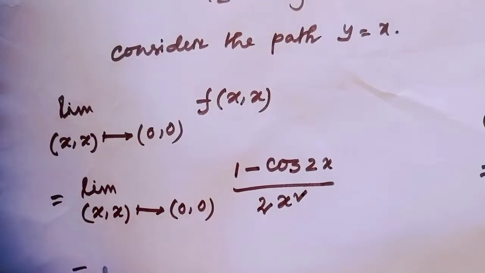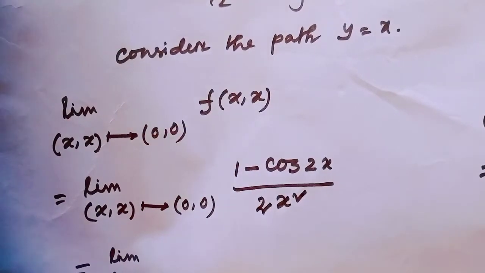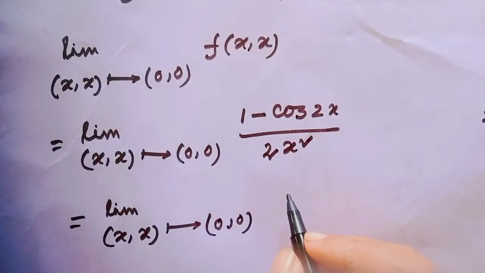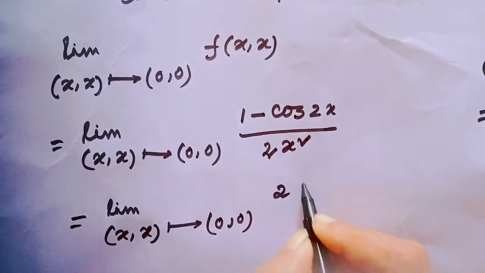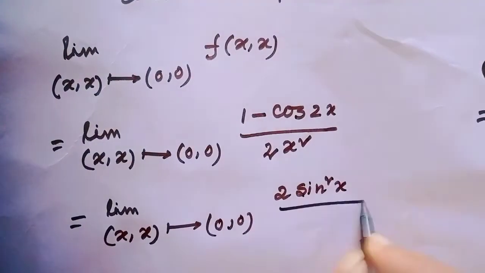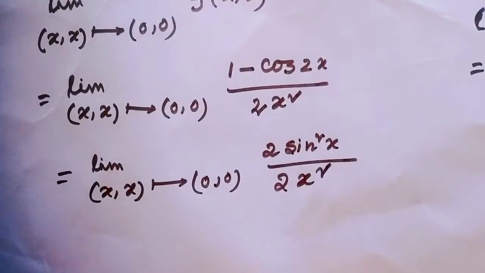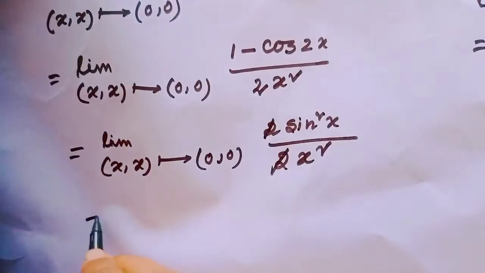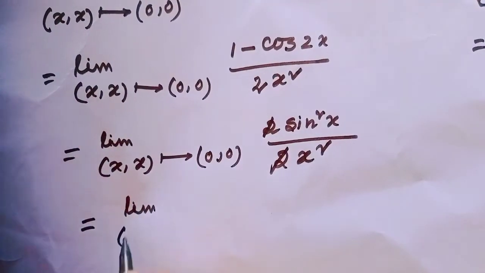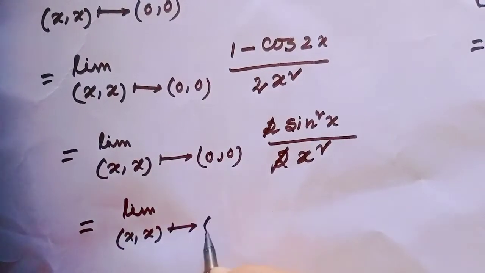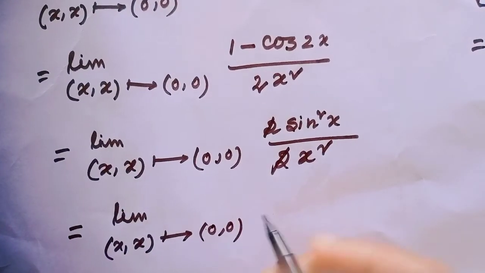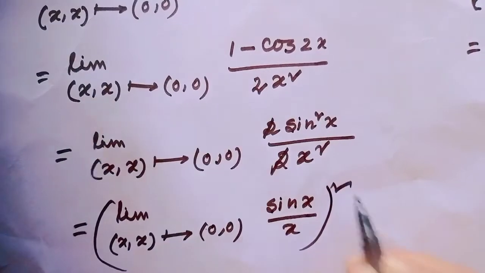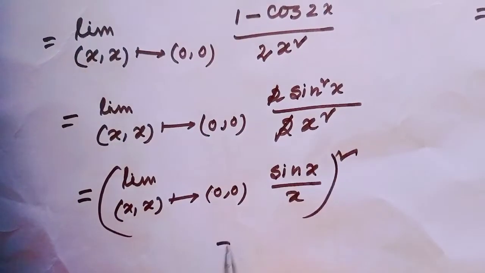Then after simplifying, this would be the limit of 1 minus cos 2x, equal to 2 sin square x, over 2x square. Now simplify this part. Then this is equal to the limit as (x,x) tends to (0,0) of (sin x over x) whole square, and this value is always 1.